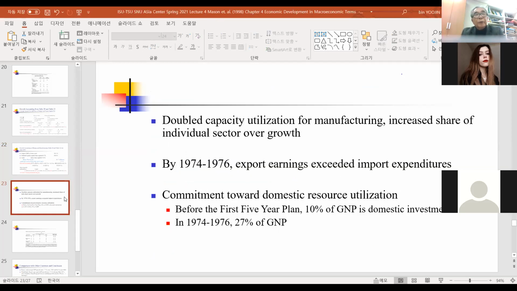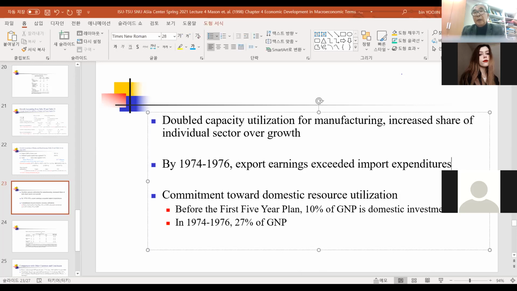So we can move on. I explained this. And the doubled capacity utilization for manufacturing increased the share of individual sectors over growth. By 1974, 1976, export earnings exceeded import expenditures. So before this period, the Korean economy was always short of foreign exchange. Why? There was a foreign exchange gap.